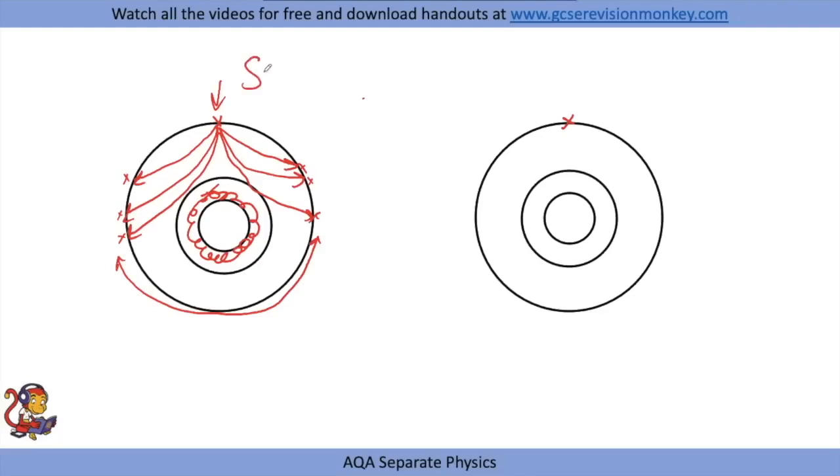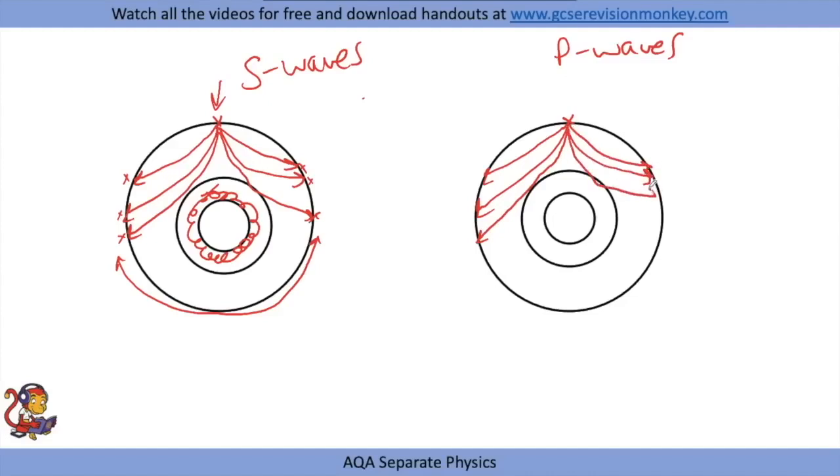So that would be the pattern of the S waves, and the P waves, also generated by the earthquake, would also travel through the mantle, because the mantle's very nearly solid, with slight movement in it, but they can travel through the mantle, and they can also travel through the liquid outer core.